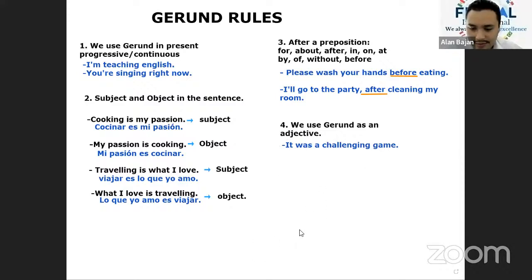In Spanish, we say fue un juego desafiante. Challenging game. So we use the gerund as an adjective. Let's try another example.